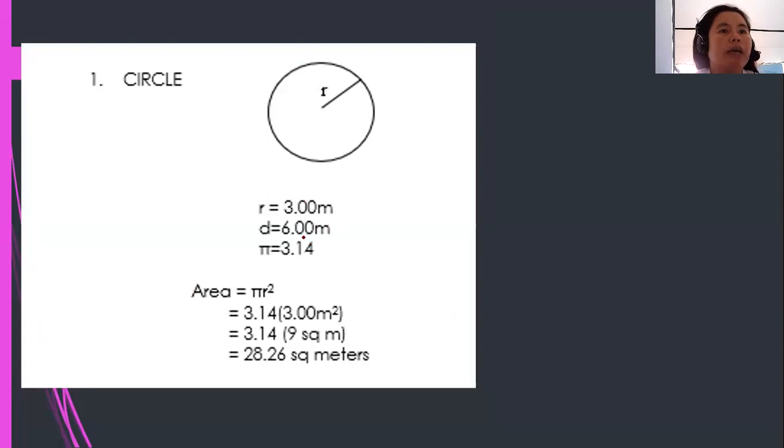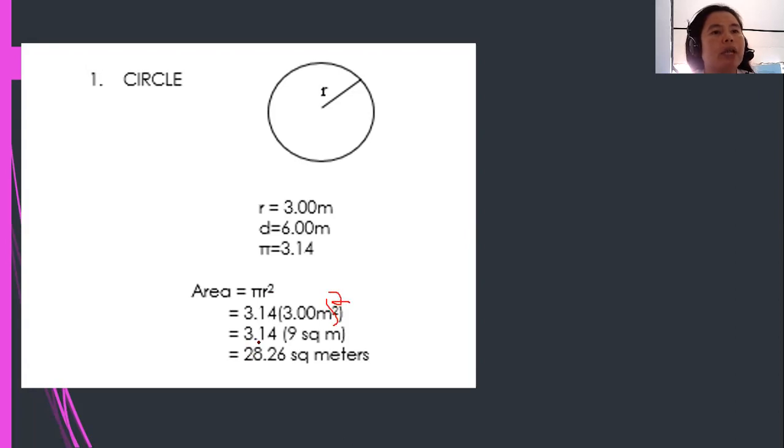Next, circle. For the given circle, the radius is 3 meters, the diameter is 6 meters, and pi is 3.14. If you are computing for the circle, you must consider pi, 3.14. So area is equivalent to pi r squared, wherein pi is 3.14 times 3 meters squared.